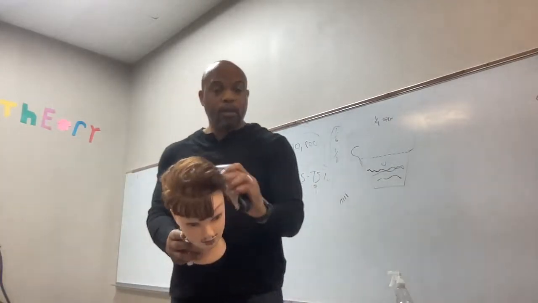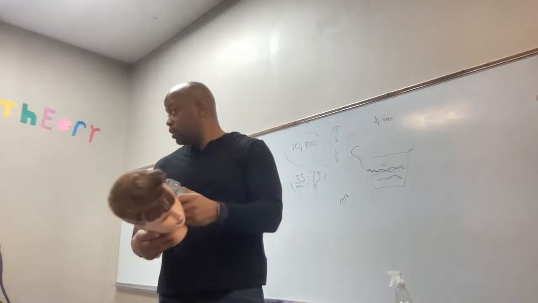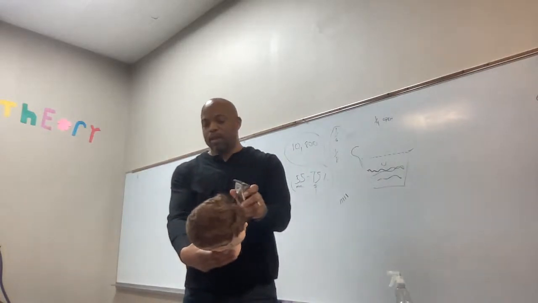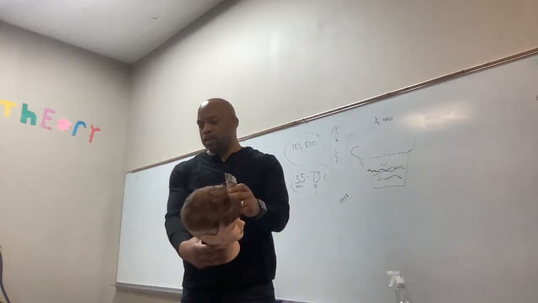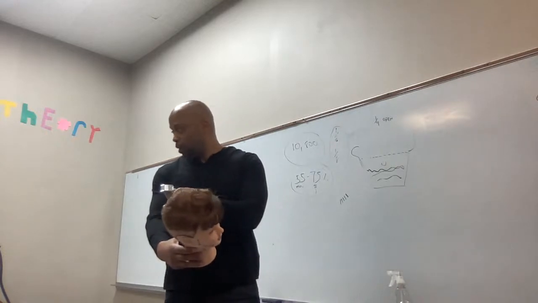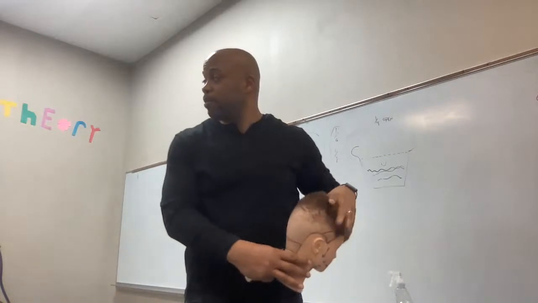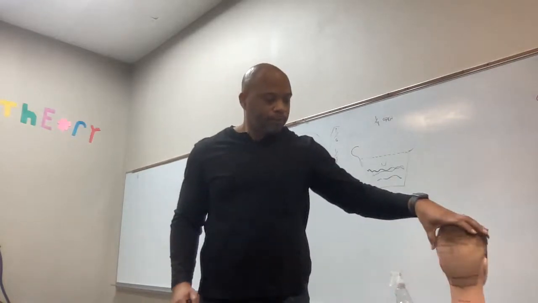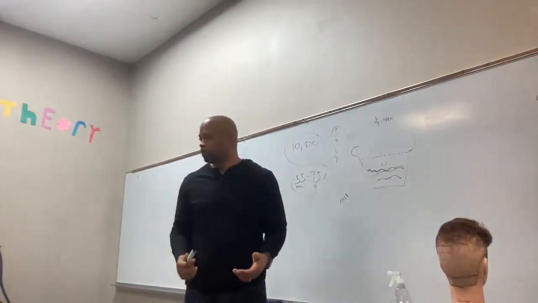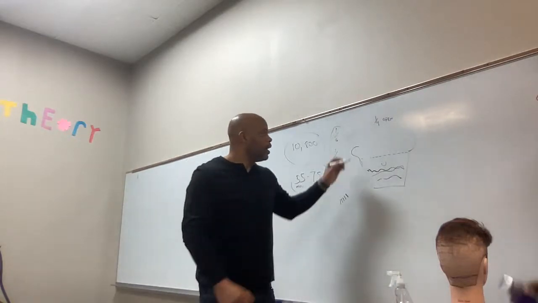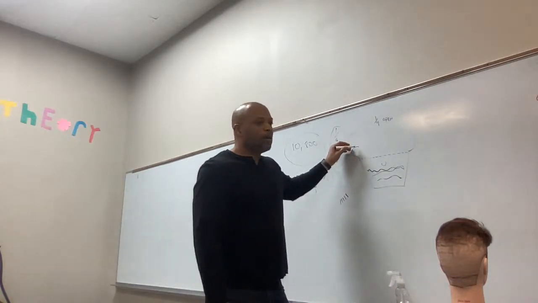Everybody with me? Okay. So then I close it up, and I just begin to notch up until I get to where my open boundary is. Got it? Okay. So then I come back.